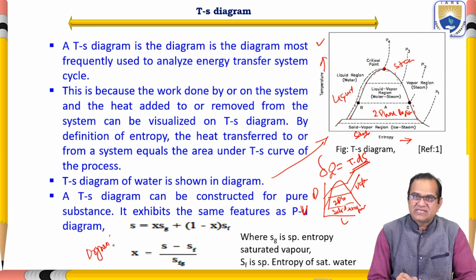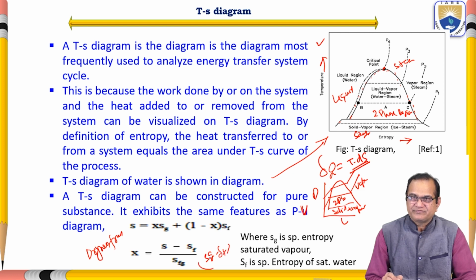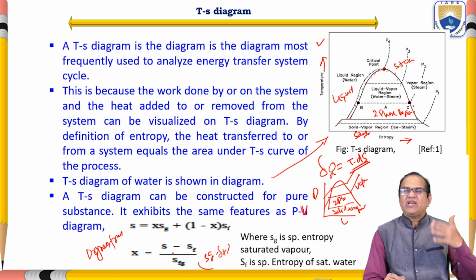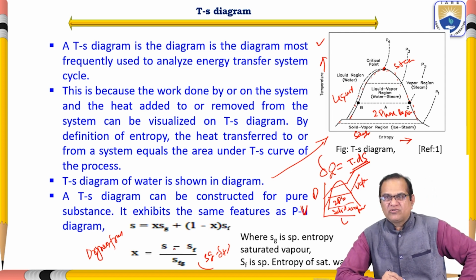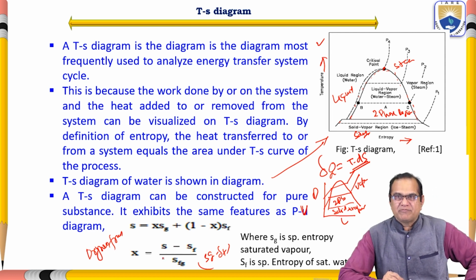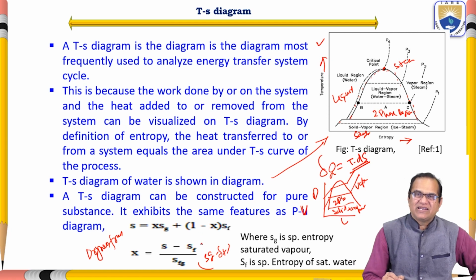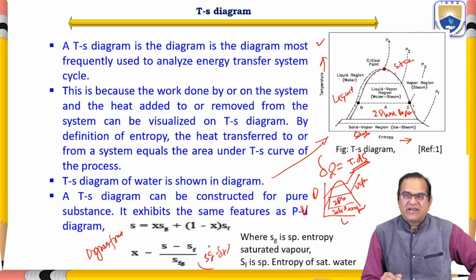So dryness fraction X is equal to (S minus Sf) divided by Sfg, where Sfg is equal to Sg minus Sf. So in this way, as we have seen for the PV diagram also, we can find it with the help of the temperature and the pressure, and then we can get the dryness fraction.